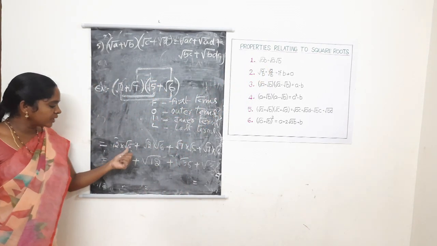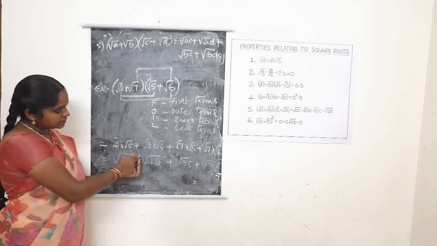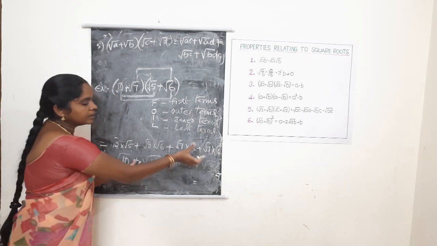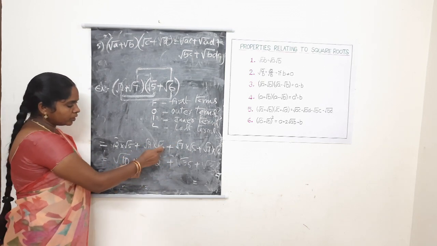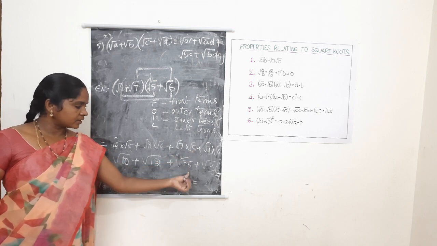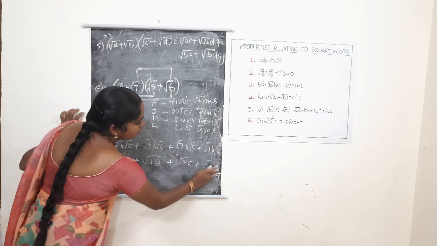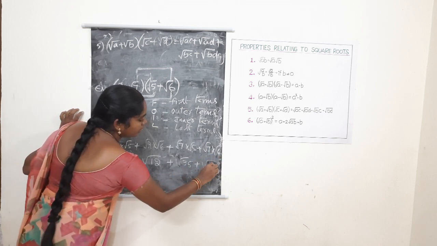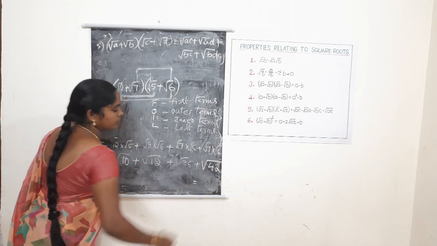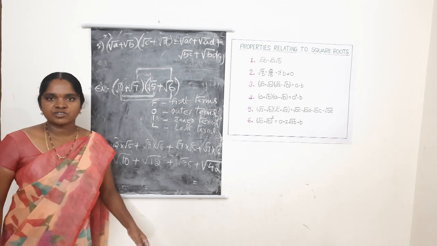So √2 into √5 is √10, plus √2 into √6 is √12, plus √7 into √5, 7 fives are 35, plus √7 into √6, 7 sixes are 42. So the fifth property is satisfied.